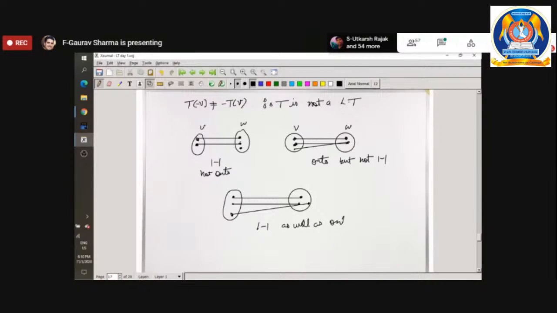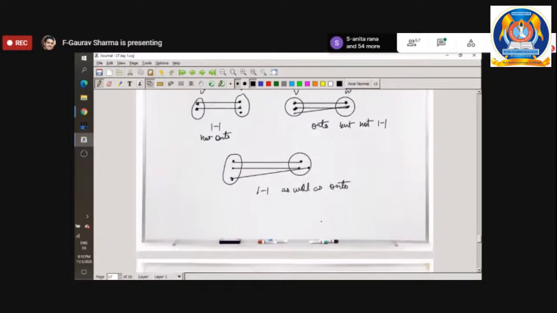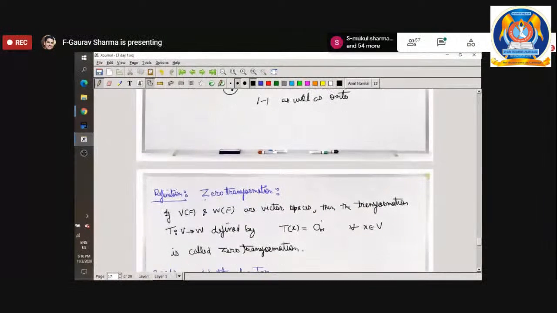But if we talk about linear transformation, I will not discuss the isomorphism of linear transformation. That is another topic that we will not discuss. But I want to discuss some important transformations, that is the zero transformation.